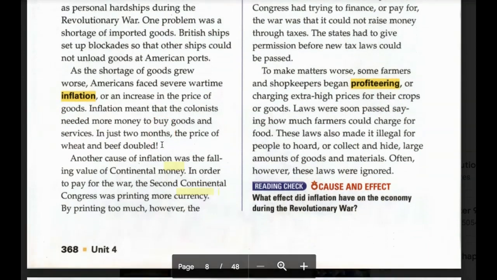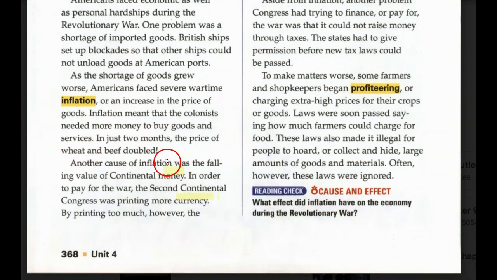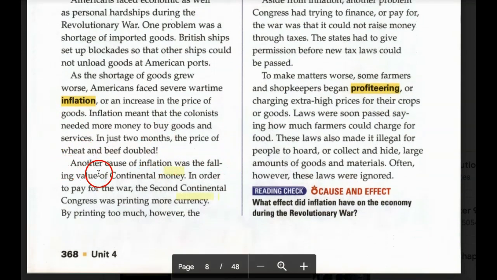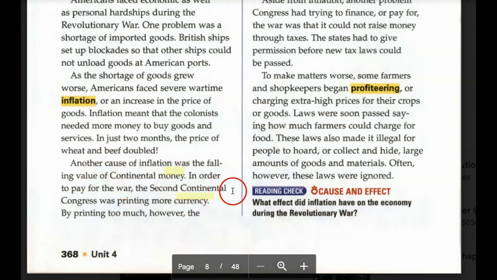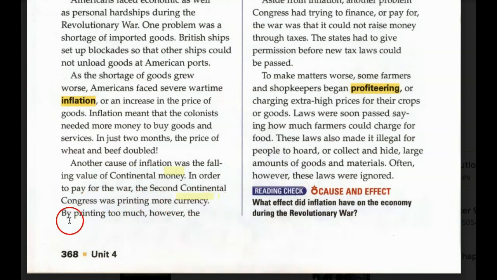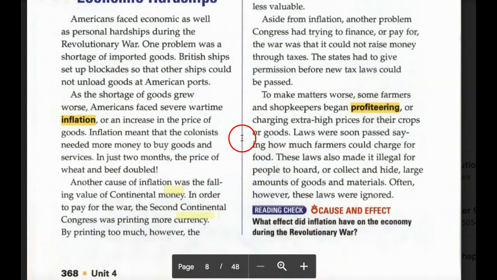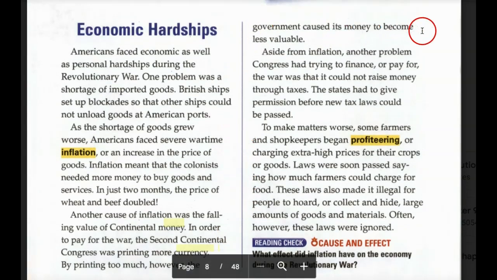Inflation. Another cause of inflation was the falling value of continental money. In order to pay for the war, the Second Continental Congress was printing more currency. By printing too much, however, the government caused its money to become less valuable.